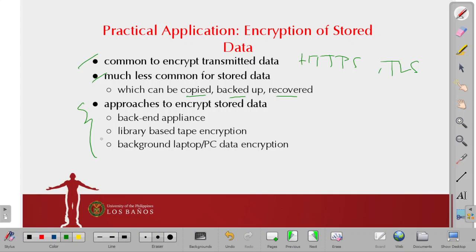In my case, for example, I usually encrypt my home partition in Linux so that if ever my laptop is stolen, the data stored on my laptop cannot be retrieved by the thief who stole my laptop. So you can do that whenever you buy a new machine, a new computer, or you reinstall an operating system. It's a good practice to encrypt your file system.